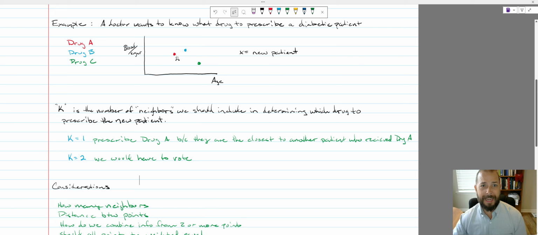So because A is the closest to our new patient, drug A would be prescribed to our new patient. And that's if we were to use a K equals 1. We're just looking at one particular neighbor and the neighbor closest to that. If we're going to use K equals 2, that means we now have to look at 2 different neighbors around that new patient.